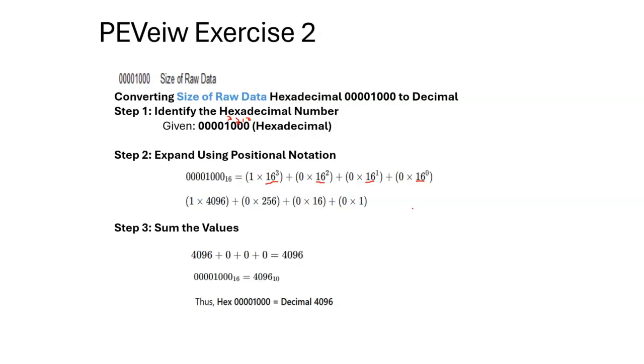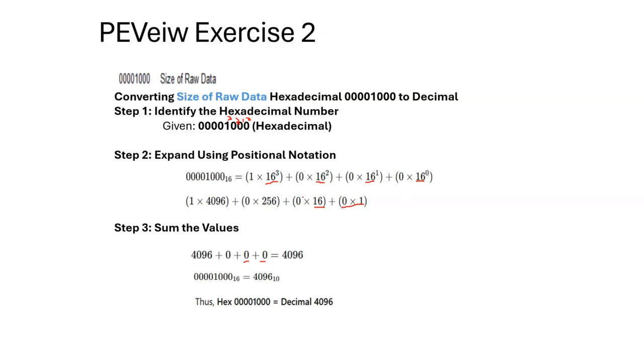So basically, 16 raised to power 0 is 1. 1 times 1 times 0 is 0. So this is 0. Okay. Also, 16 raised to power 1 is 16. 16 times 0 is 0.